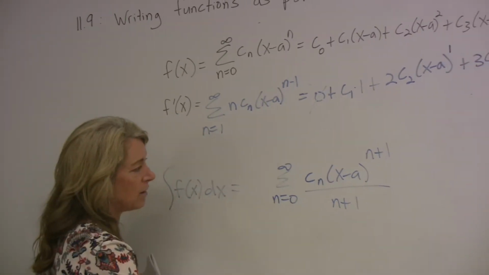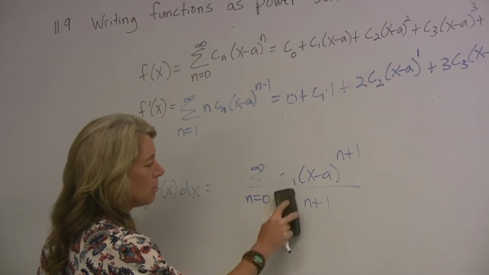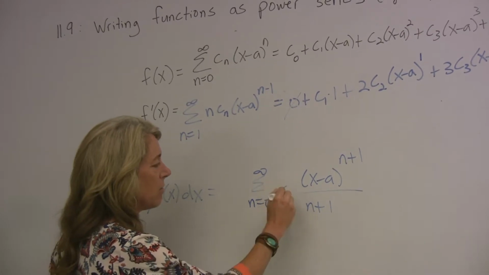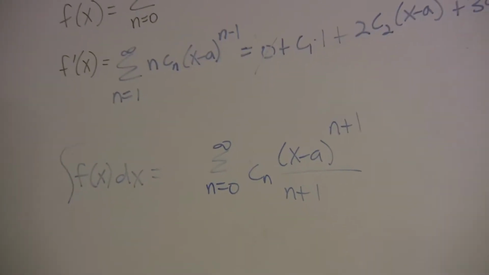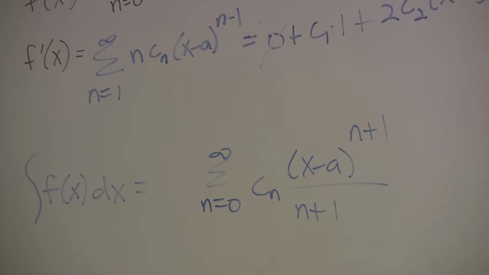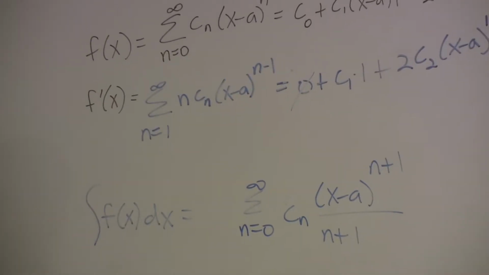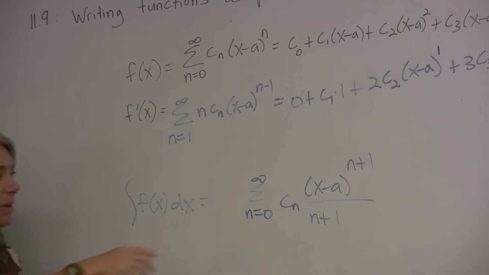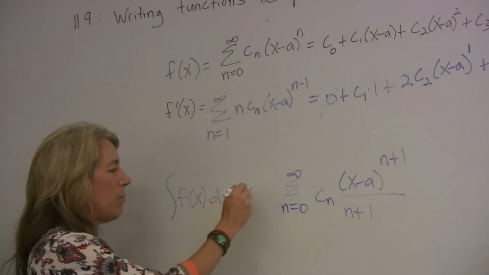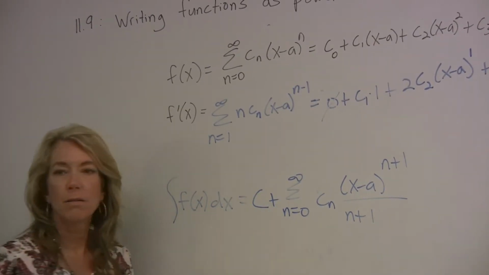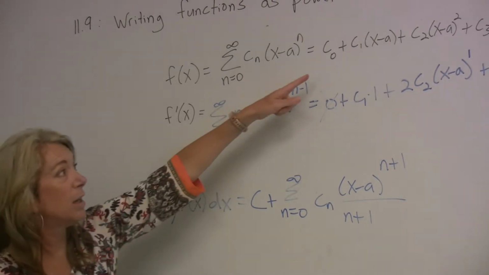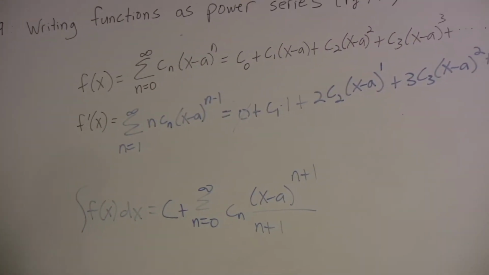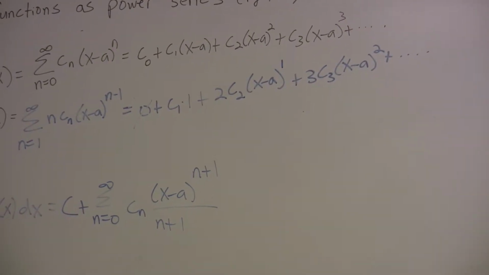It's the same thing though. See that in line number 2? And then because we integrated, there's a plus C at the end, but there's an infinite number of terms here, so they put that plus C in the front. That's the same as if you wanted to integrate each one of those separately, which I'm not going to write out right now. I think you'll be able to follow it.